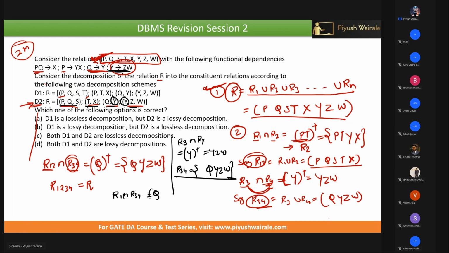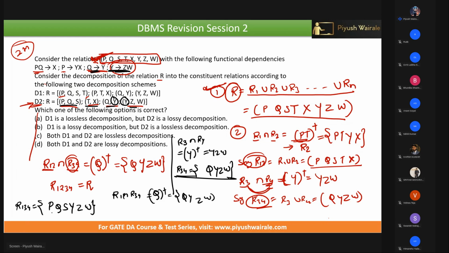So if I take the closure of Q, am I getting R1 or R34? QY will be there, and from Y I'm going to get ZW. So I'm going to get R34, right? So that is fine. I can join R1 with R34. So R134 is basically R1 union R34. So that will be what? R1 is PQS, then we have YZW here.